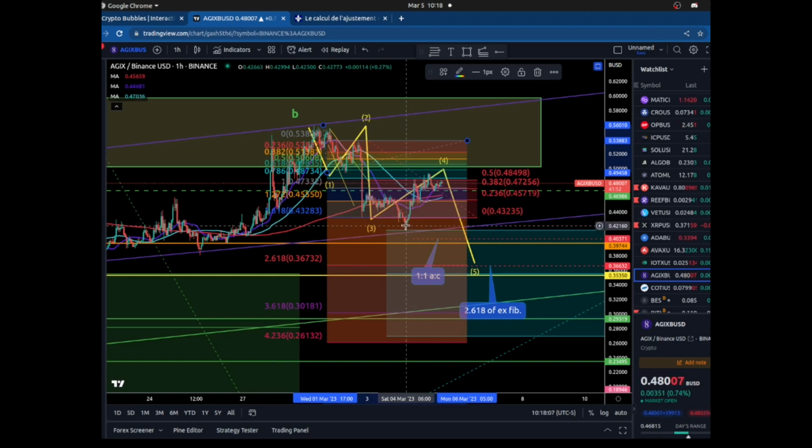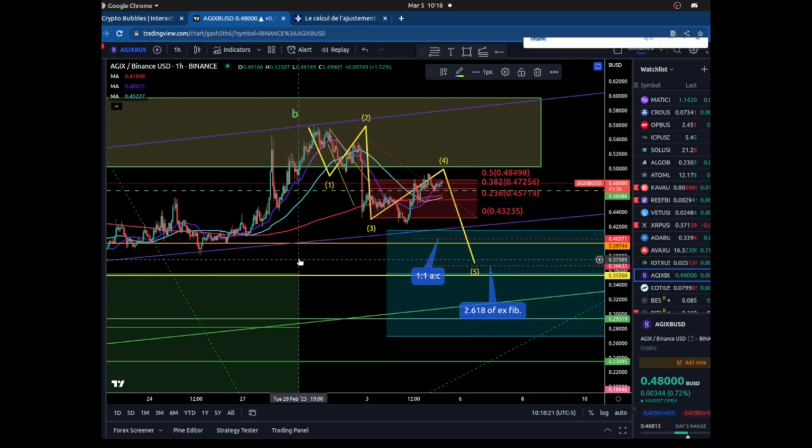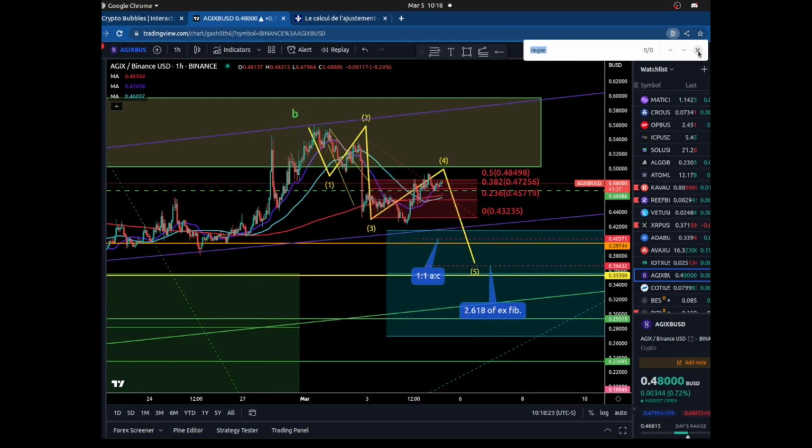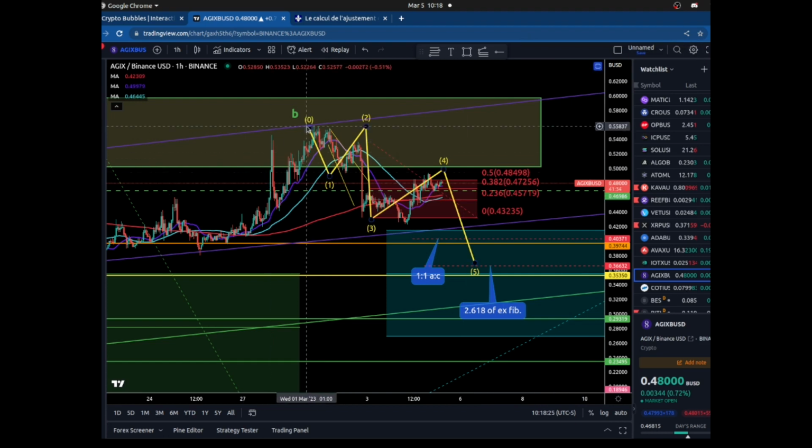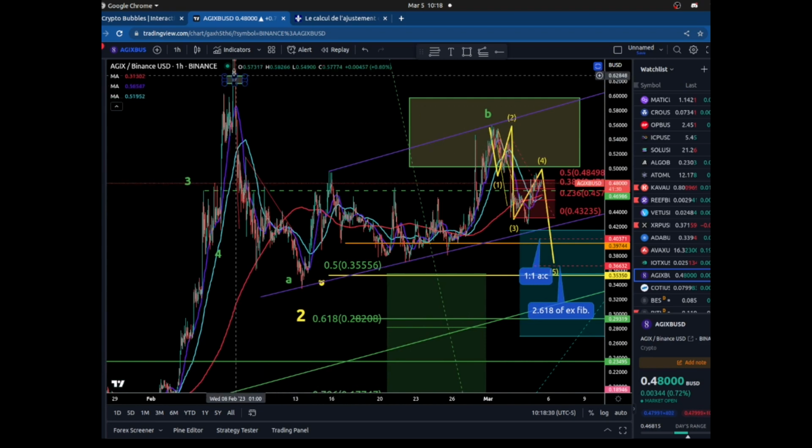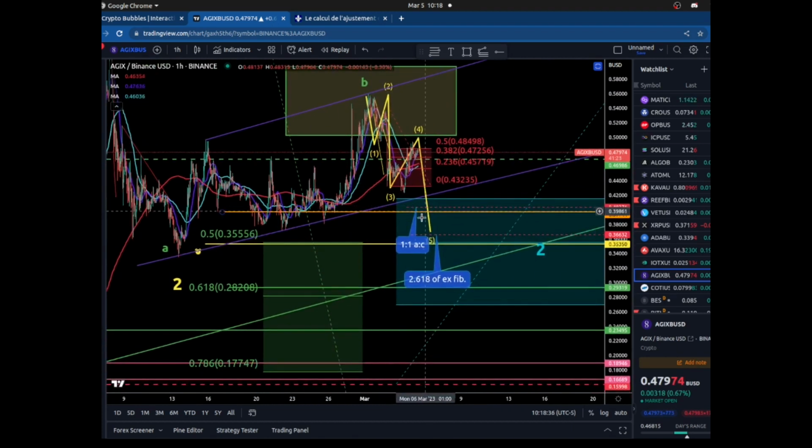We even went a little bit further, and the 2.618 level would be here at 0.367 cents. As you can see, I did mark it here, so it's more clear for the screen. Also, I calculated, sorry, if this is the wave A and this is wave B, how far the wave C should go, and I estimated that it's here.